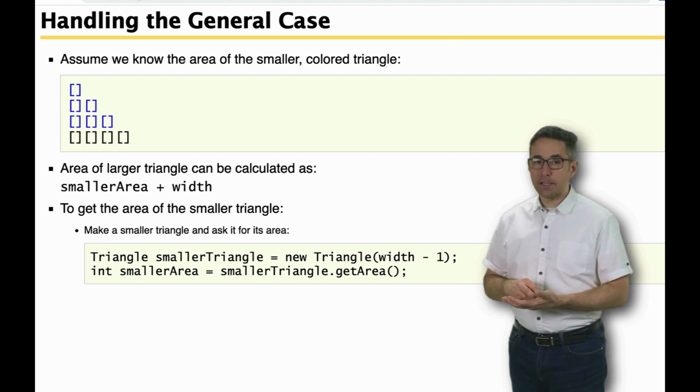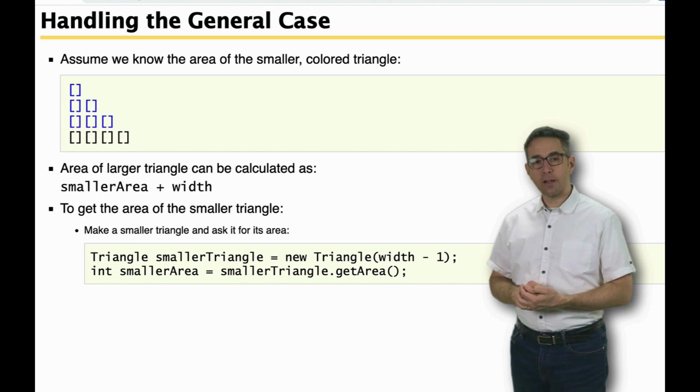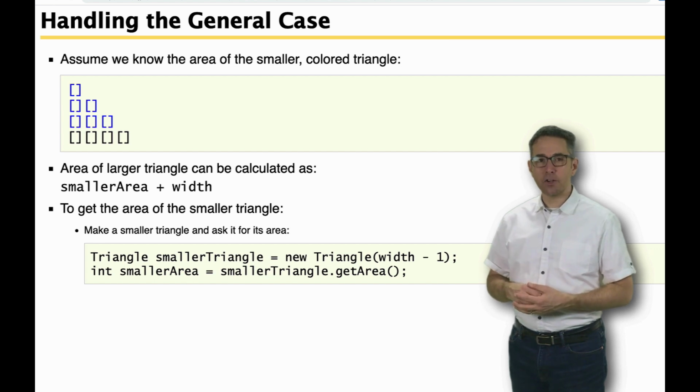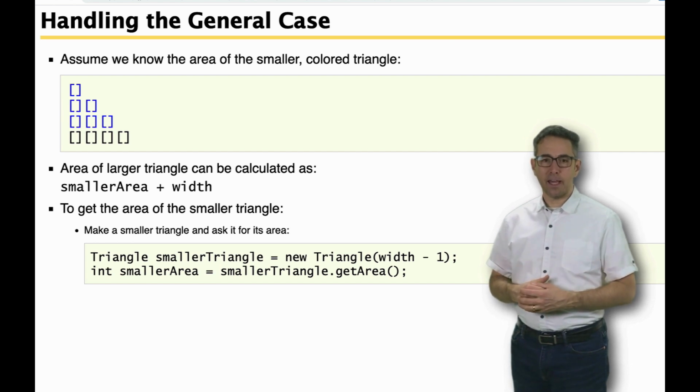We want that because we're trying to figure out the area of the smaller triangle. So if we construct a triangle with a width 1 smaller, then we can just ask that smaller triangle, hey, tell me what your area is. This is like assuming we know the answer to the smaller part of the problem. We save that in a variable called smaller area.